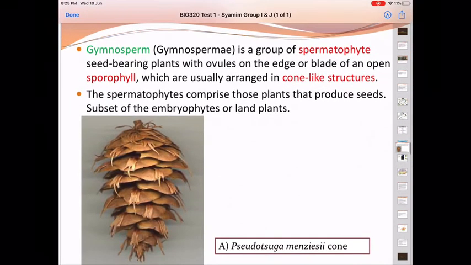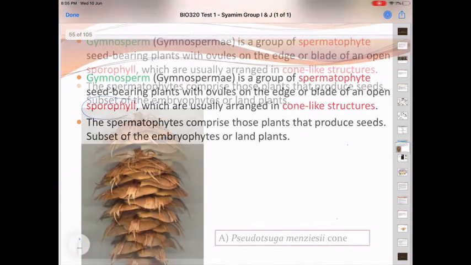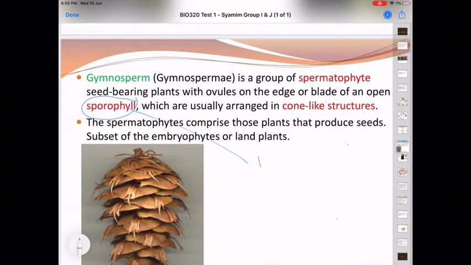Gymnosperm is a group of spermatophyte seed-bearing plants with ovules on the edge or blade of an open sporophyll. This one I will show the picture later. Sporophyll refers to the leaf, the green leaf that produces both the male and female cones.